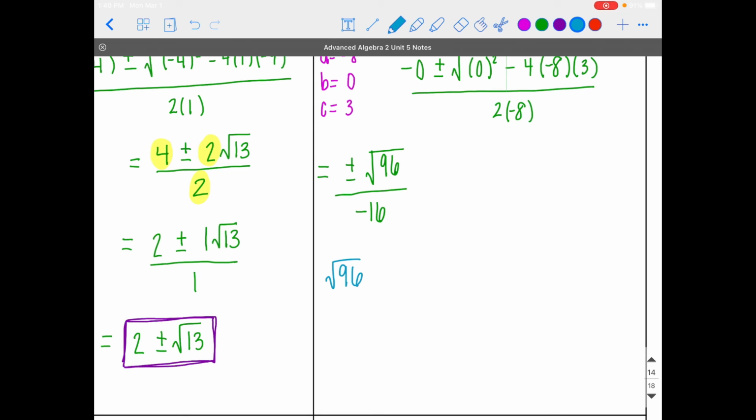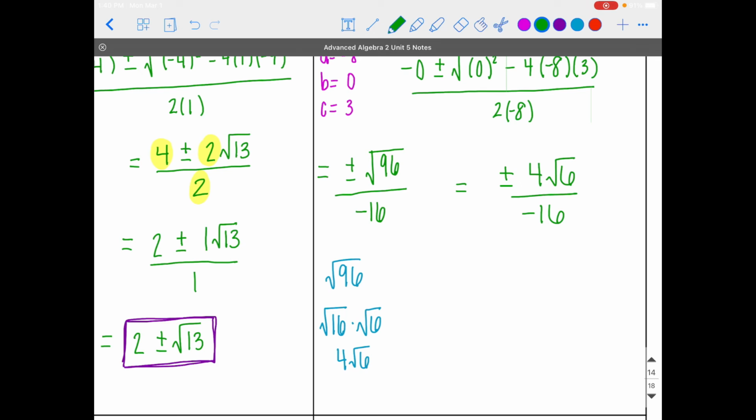No. 96 divided by 36? No. 96 divided by 25? No. 96 divided by 16? Yes. This is 16 and 6, which is 4 radical 6. So I have plus or minus 4 radical 6 over -16.